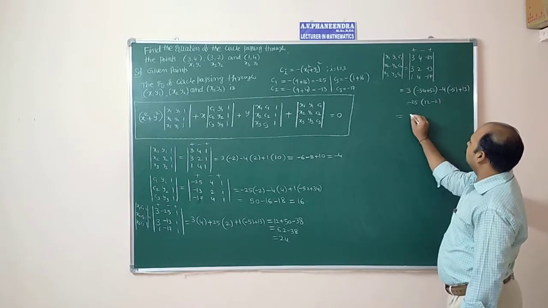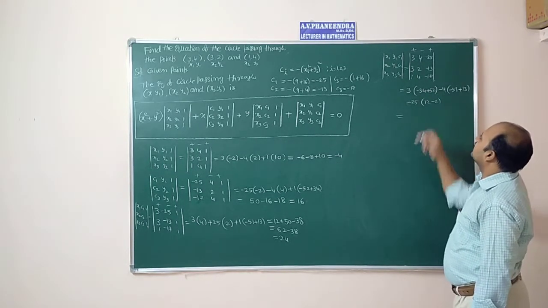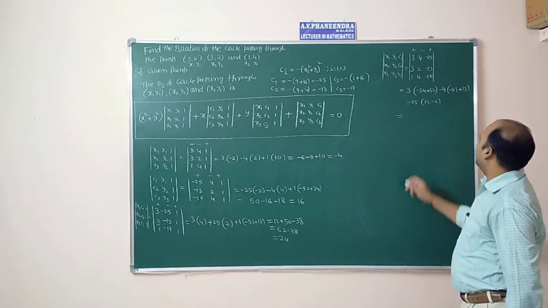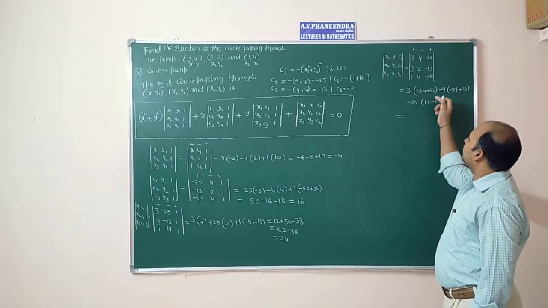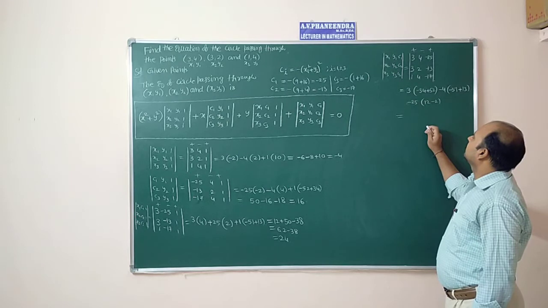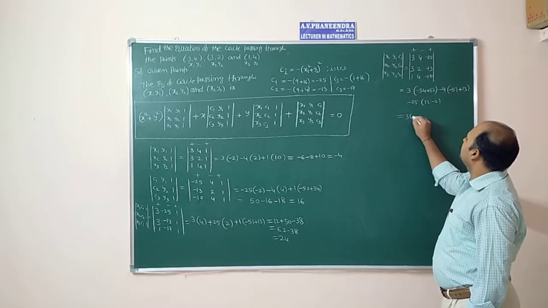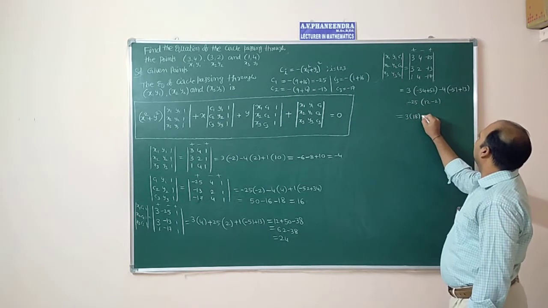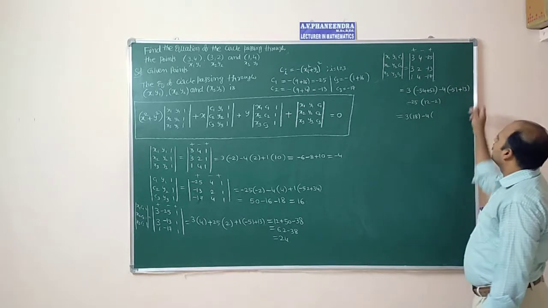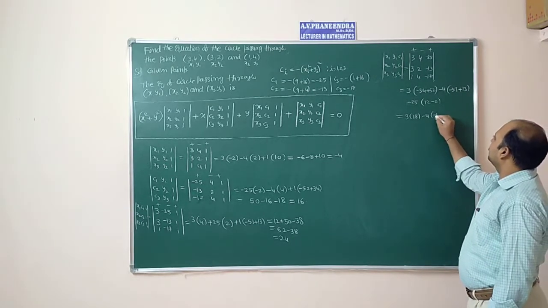Minus 34 plus 52 is 18, that is plus 18. 3 into plus 18, minus 4 into minus 38.